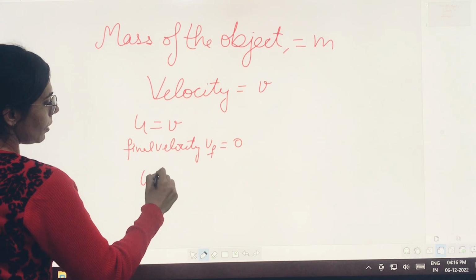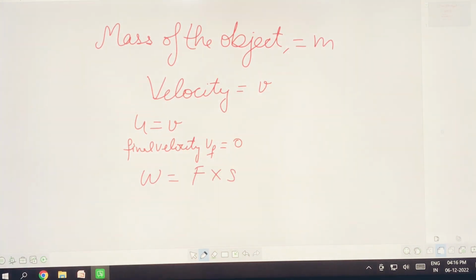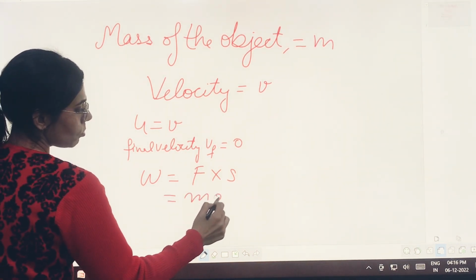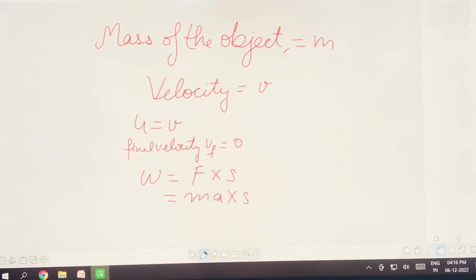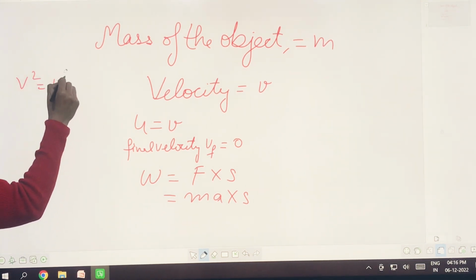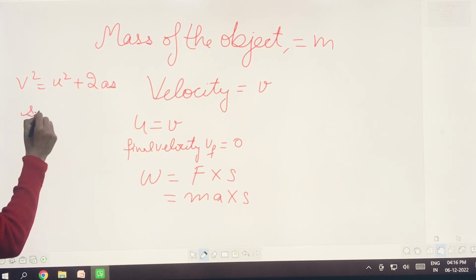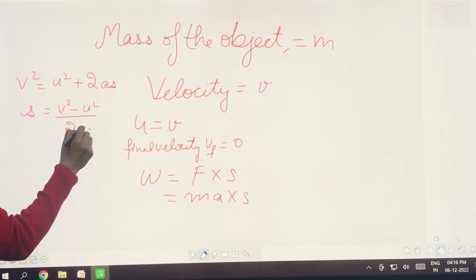So work done, we very well know, is force into displacement, that is small s over here, and force is mass into acceleration. Displacement we calculate by Newton's third equation of motion, that is v square is equal to u square plus 2as, and s will be equivalent to v square minus u square upon 2a.